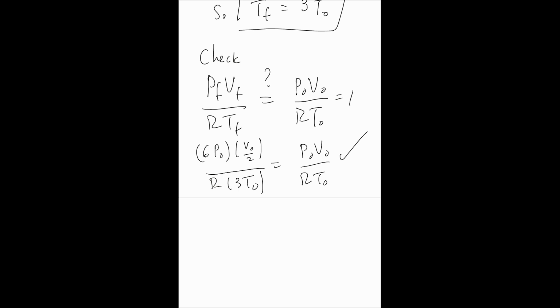And if I put in 6 P naught for P final, V naught over 2 for V final, and R times 3 T naught for T final, indeed, it equals P naught V naught over RT naught. So if I did screw it up somehow, it's a more subtle thing that I did, and it's still compliant with this kind of logic.